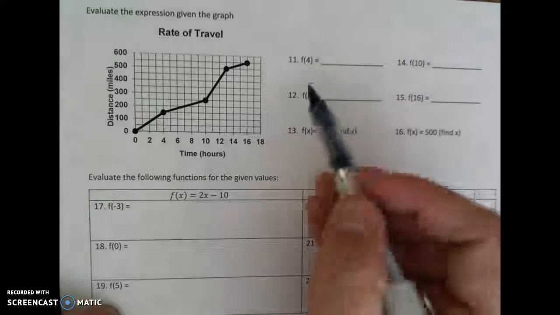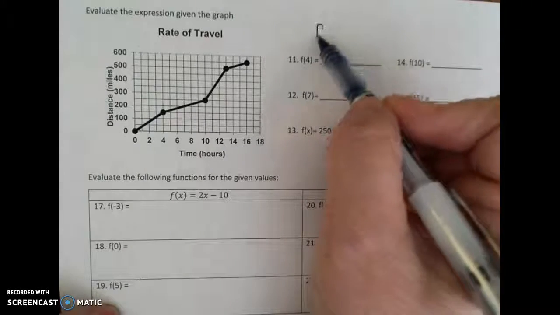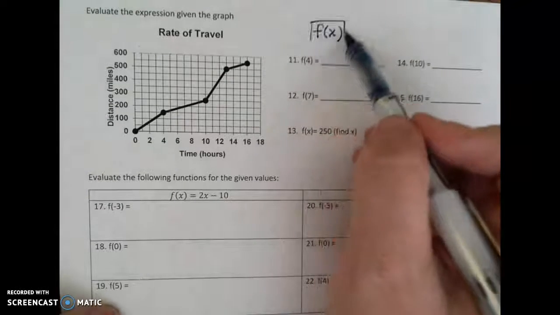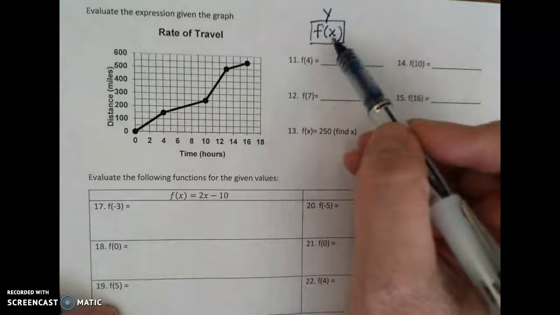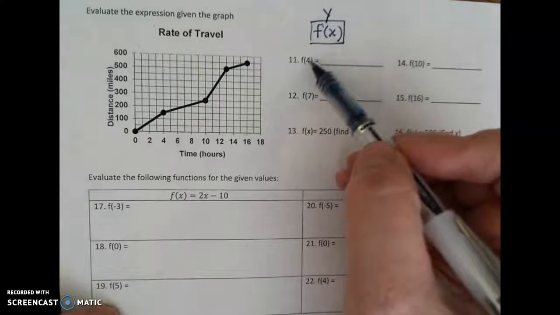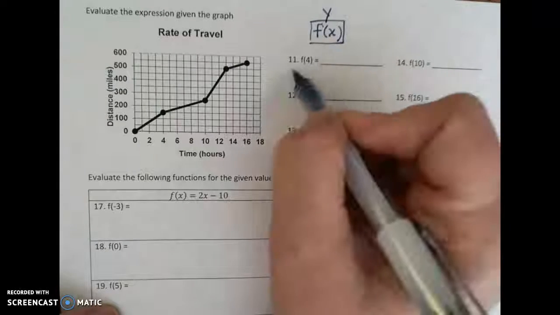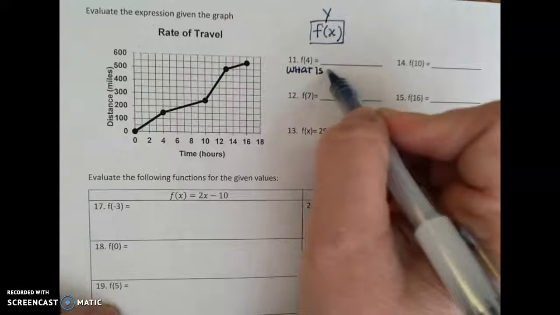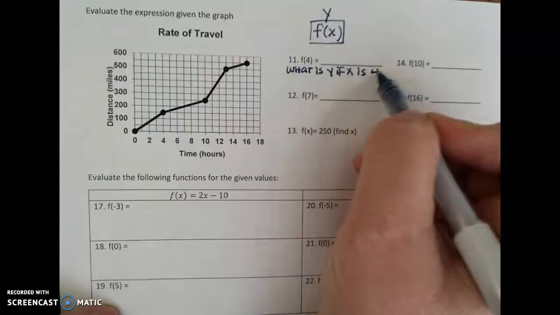So I wanted to review, this is called function notation. All of this would be f of x. All of f of x stands for y. If there's a number in this x spot, they're saying, what is y if x is 4? So this means, what is y if x is 4?